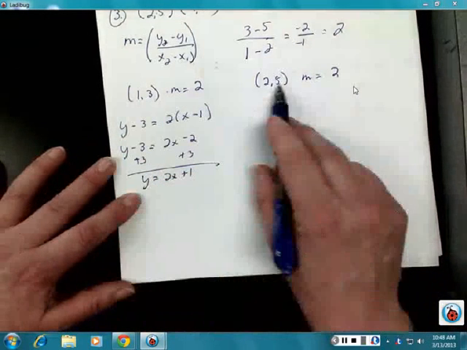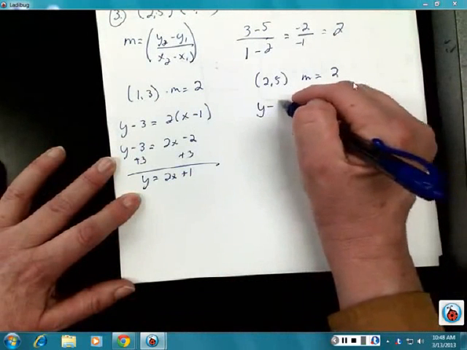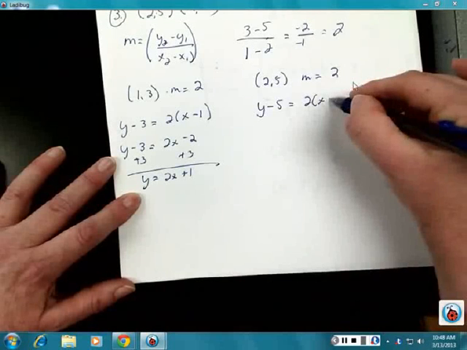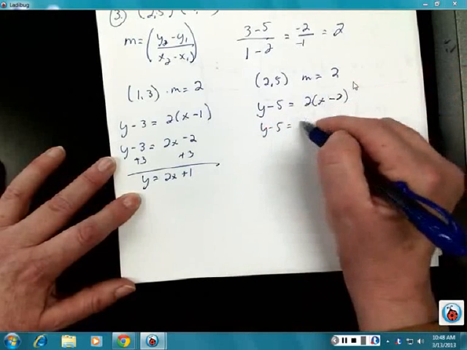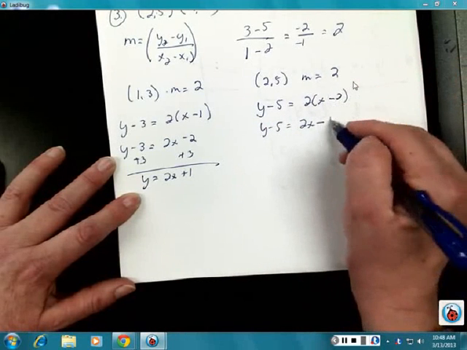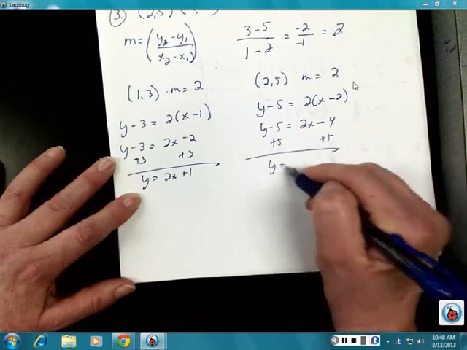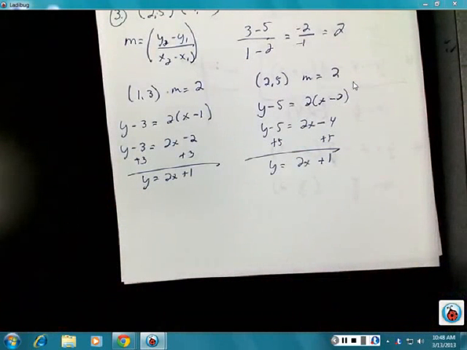Now if I use the (2, 5), I just want to show you that it works out the same. y minus 5 is equal to 2 times x minus 2. y minus 5, and 2 times x is 2x. 2 times the negative 2 is a negative 4. Add 5. And I still get y equals 2x plus 1. So it does not make a difference which one you pick. So you can choose either point.